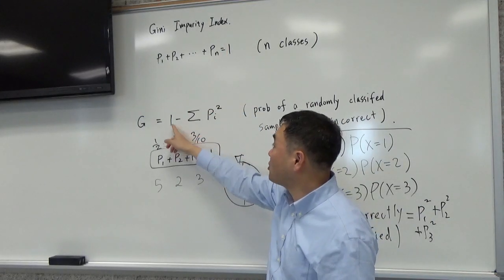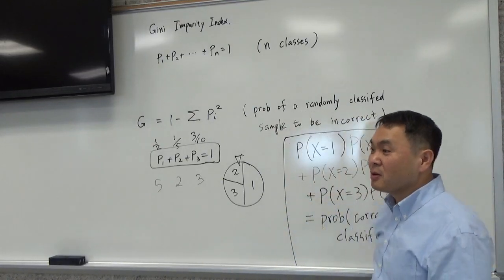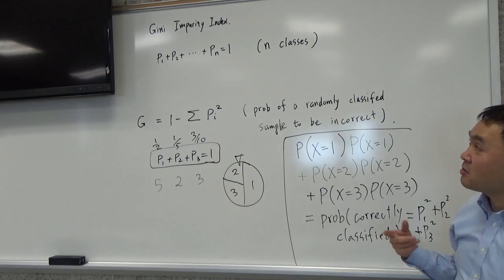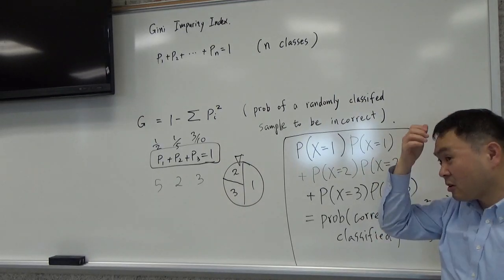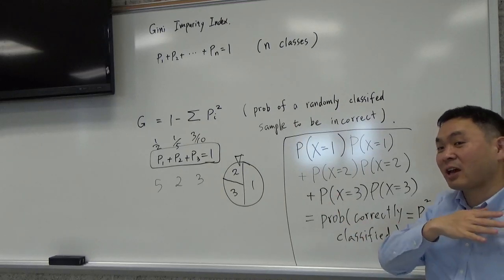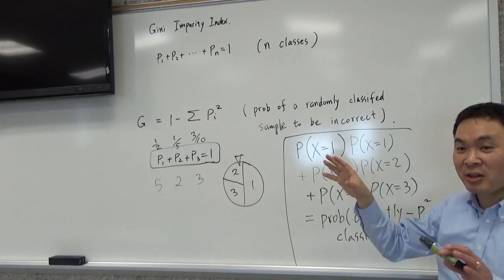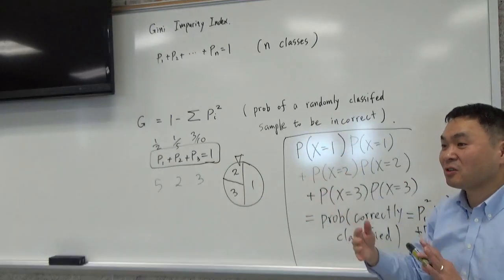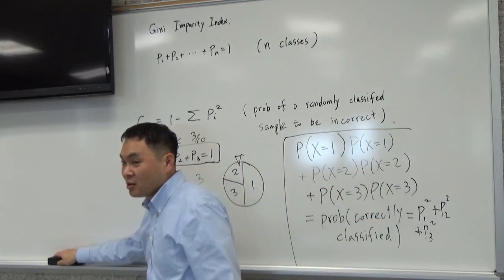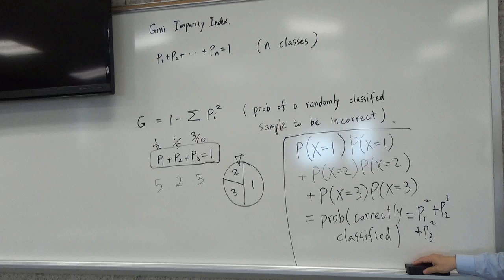And therefore, 1 minus 1 squared is 0. Okay. So that kind of gives you an idea of why this is called Gini impurity index, because it's 0, meaning it's very pure. Everything is the exact same thing, so there are no other foreign elements in this single group. Okay, and that's a very important idea when making trees.